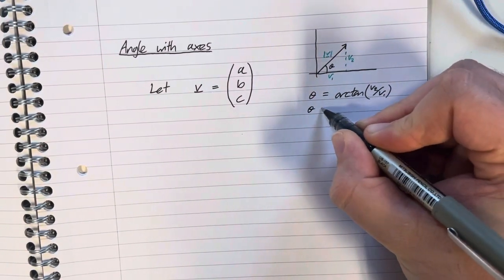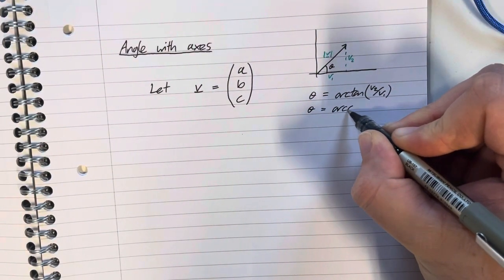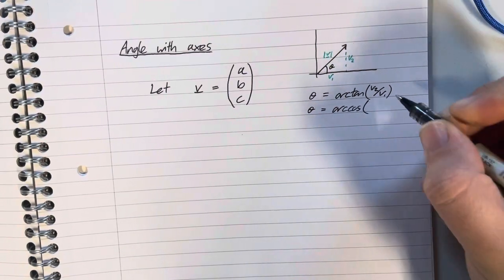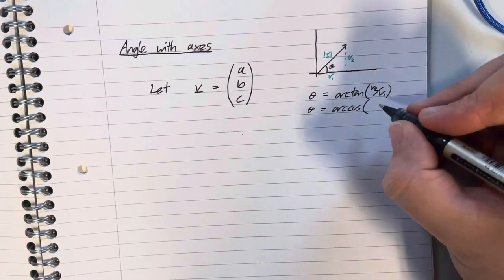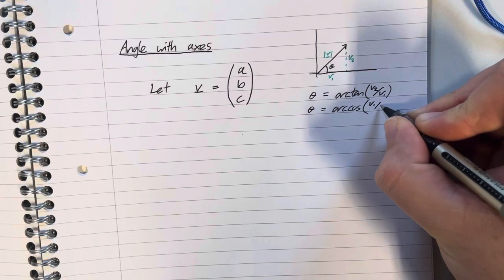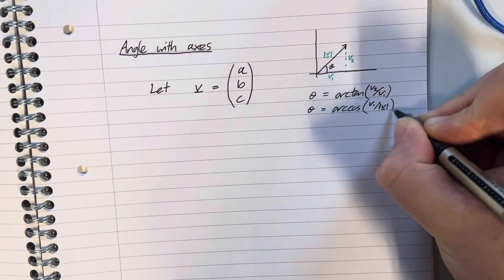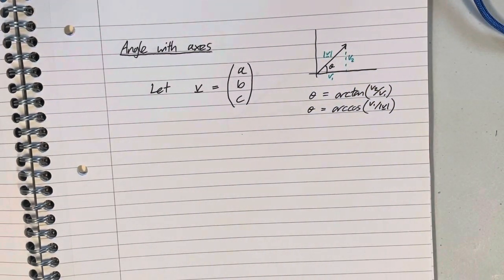or you might have the inverse cosine of v1 over mod v, or even the inverse sine. The reason why I put that bottom one in is because that is exactly the one that we use in 3 dimensions.